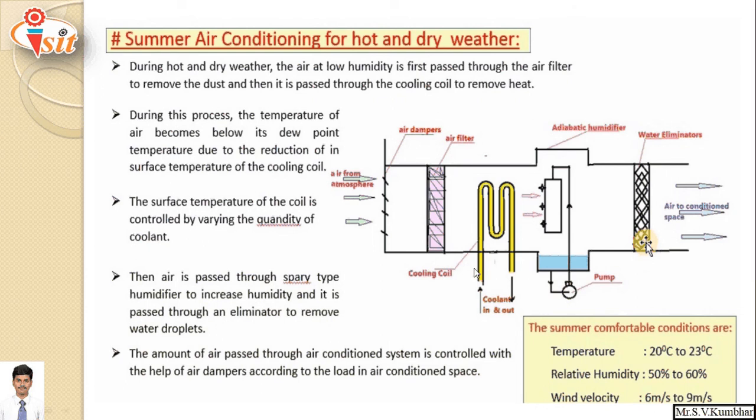Here in this cooling coil, generally we use coolant. During this process, the temperature of air becomes its dew point temperature due to reduction in surface temperature of the cooling coil. The surface temperature of the coil is controlled by varying the quantity of coolant.